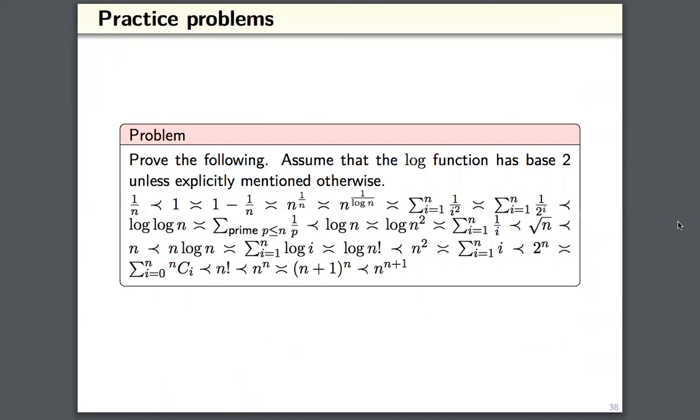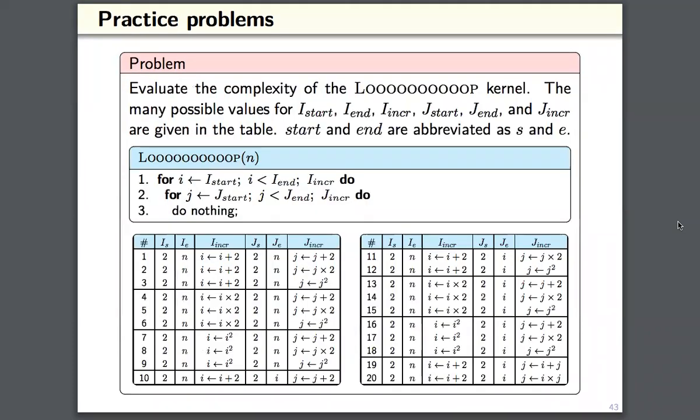So we will look at 2 types of problems majorly. First, I will start with this. Suppose you want to find the complexity of all these kernels. So what do you do here? Look at this. You have the loop kernel, and you just have 2 loops.